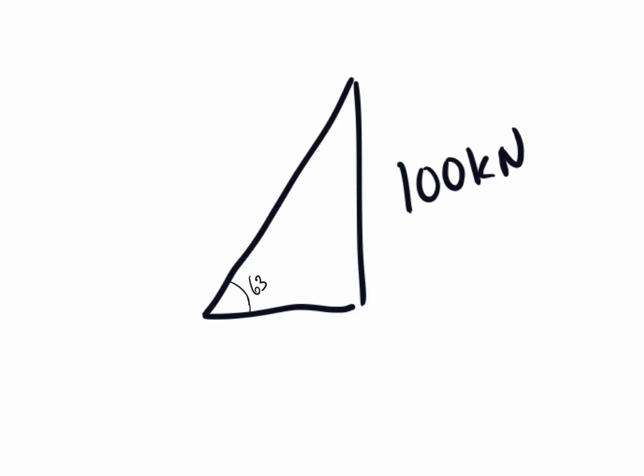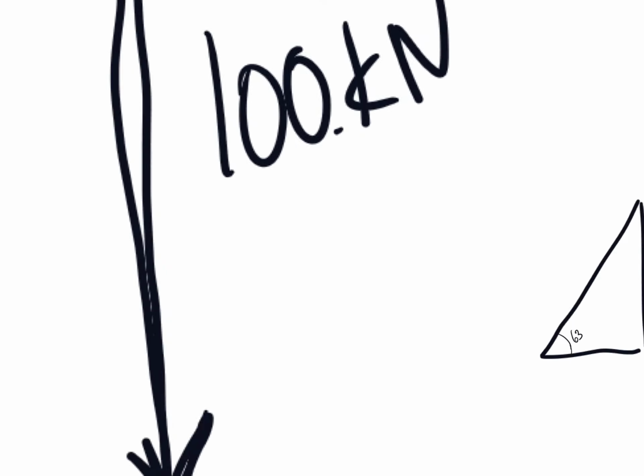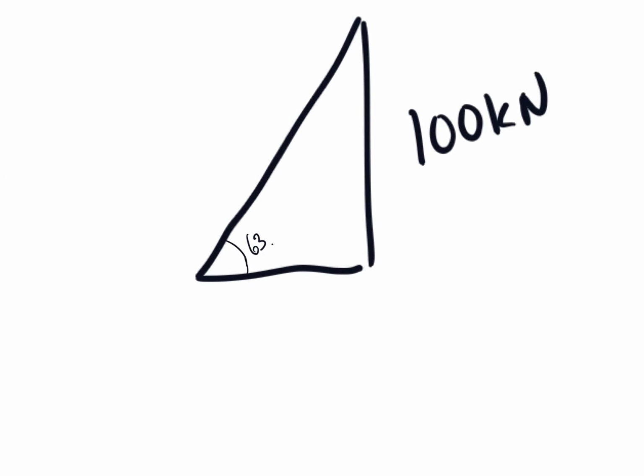So 63.435 degrees. Okay, we've got the vertical. We need to get the hypotenuse. So the sine of 63.435 degrees equals the opposite, 100 kilonewtons, divided by the hypotenuse.